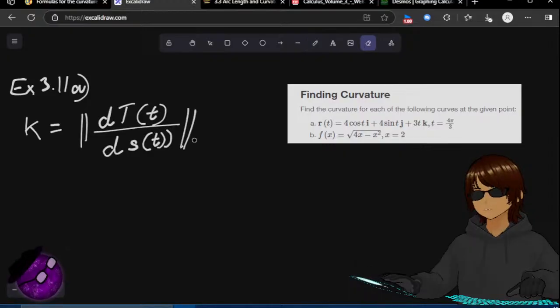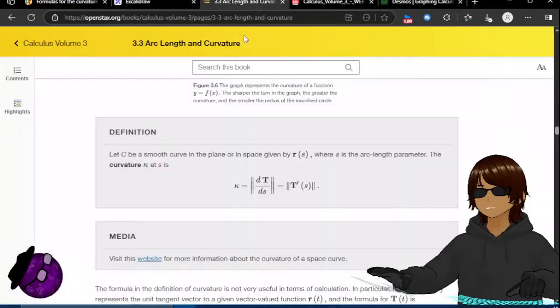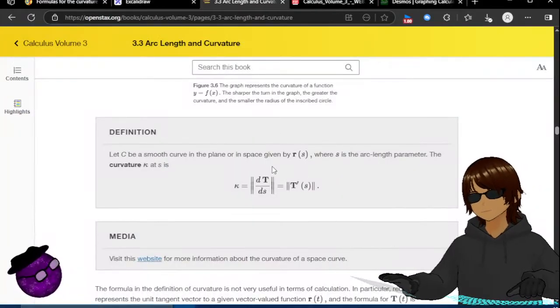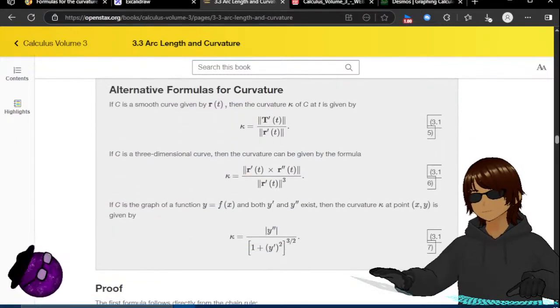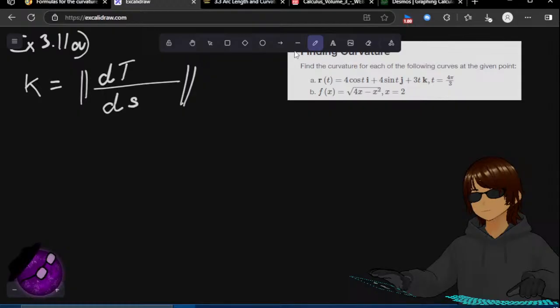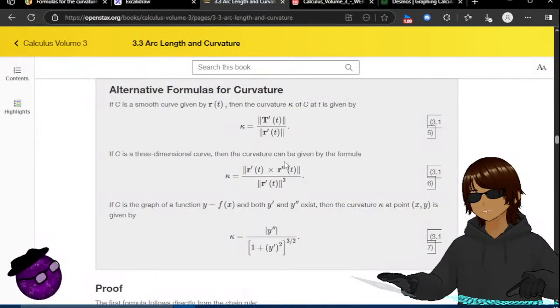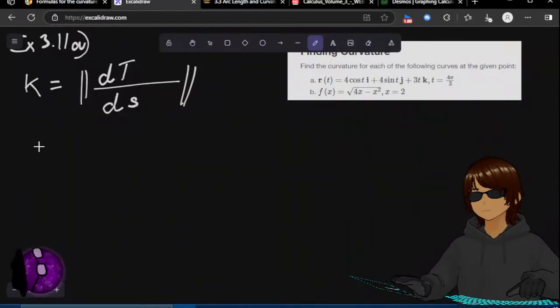I think this is also wrong. This is not like this. It's T as a function of the arc length. And then if you want the function in terms of t, we use this one.